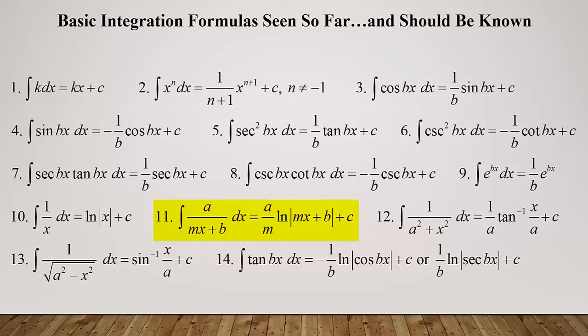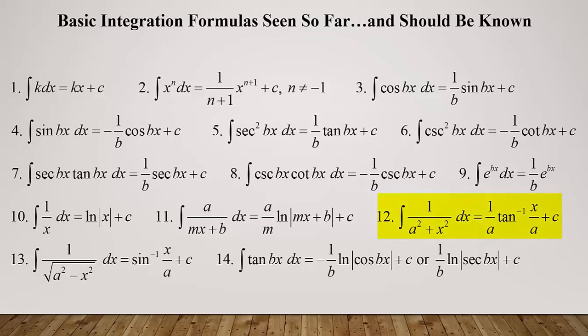This is going to be a tremendous time saver for you. So when you have a constant a over a linear function, that's why I put mx plus b, when it's constant over linear, being able to get the antiderivative real quickly is going to be a huge time saver.